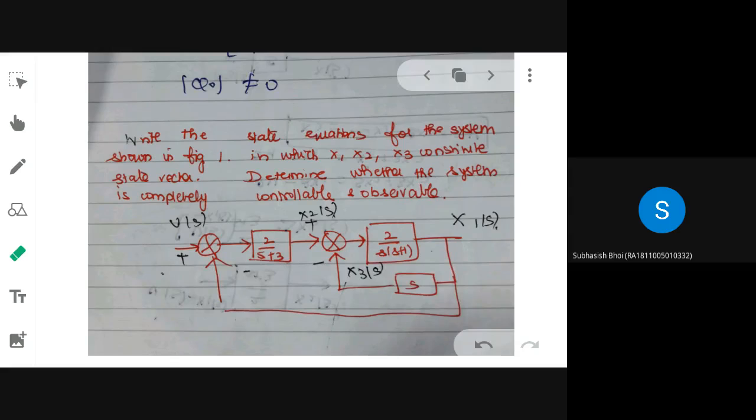Souvik is present or not? Pushpesh, Purushottam, Raj, yes ma'am.